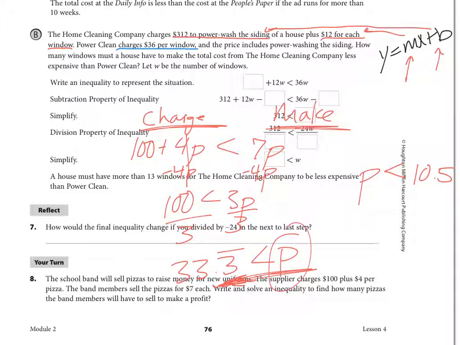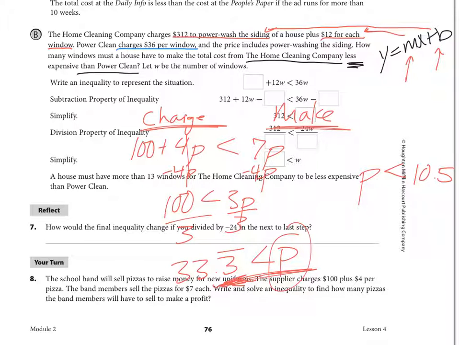So what it's wanting here is it's wanting the Home Clean company to be less expensive than Power Clean. So here's where our inequality comes in. They've written the inequality right here for us. They've just not filled in everything, so we're going to do that. So they want Home Clean, which is the left side of the inequality.